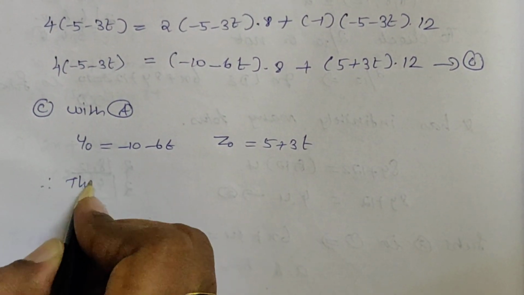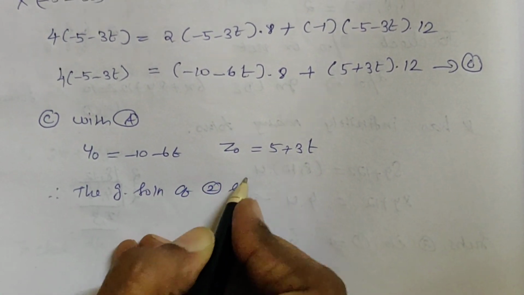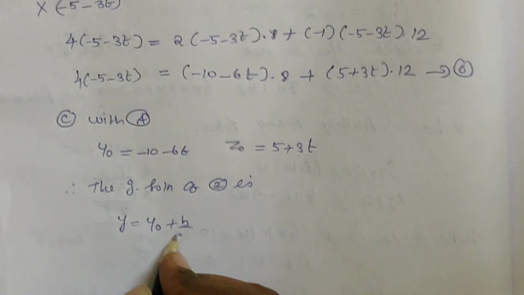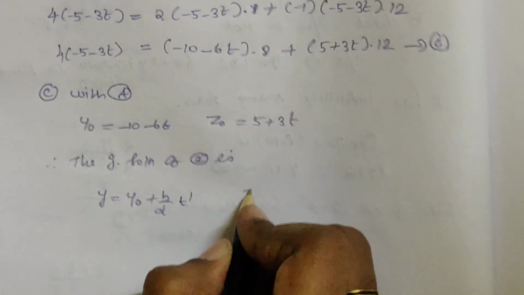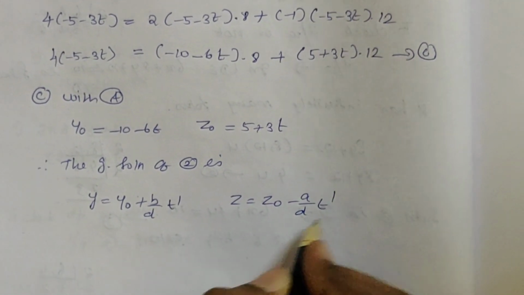Therefore, the general solution of equation 2 is y equal to y naught plus b by d into t dash and z equal to z naught minus a by d into t dash.